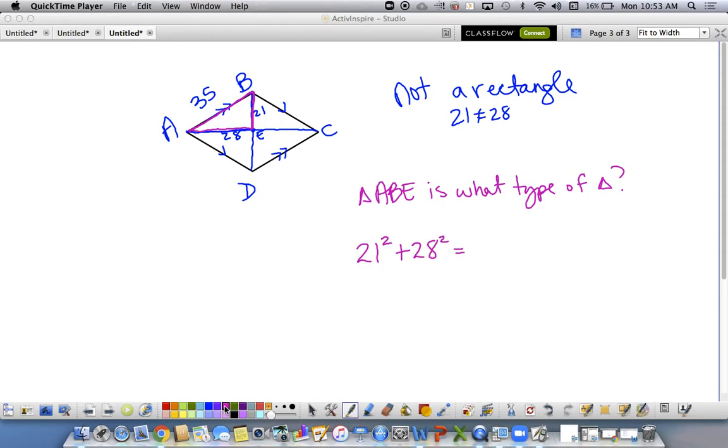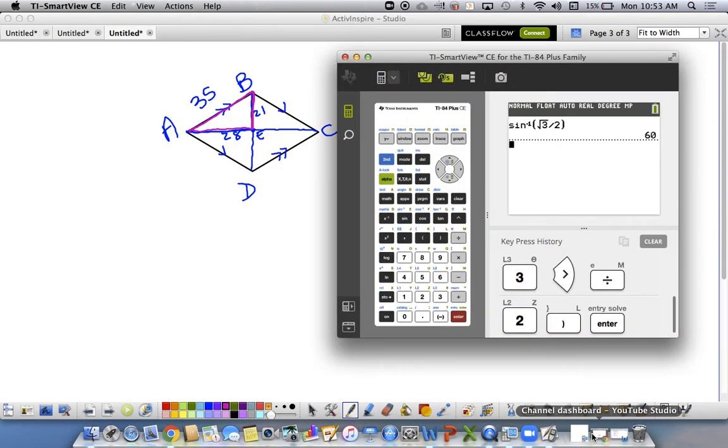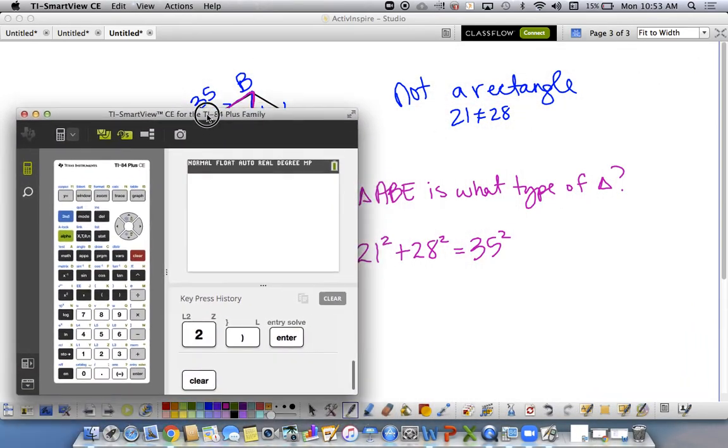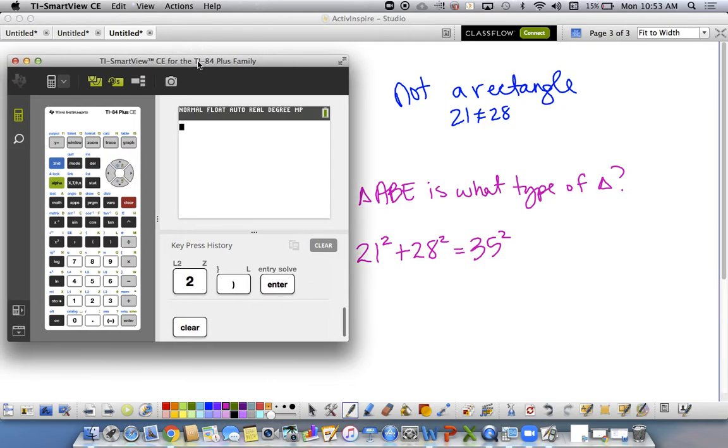Really, I'm checking to see, is it a right triangle? So what is 21 squared? I don't know. I have to pull up my calculator. Sorry about that. If you're just seeing this, I'm sorry. So 21 squared plus 28 squared. I have real calculators at my house. And I'm going to see, does that equal 35 squared? It does. 1225 equals 1225.